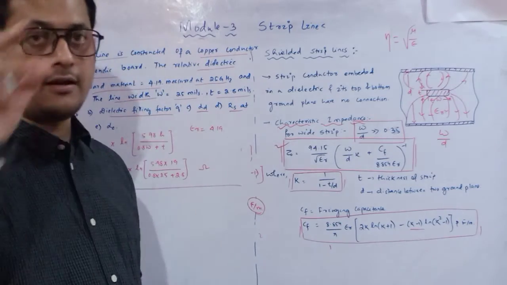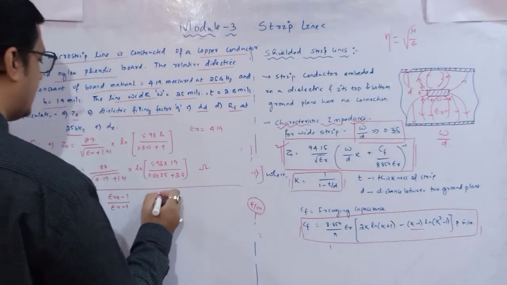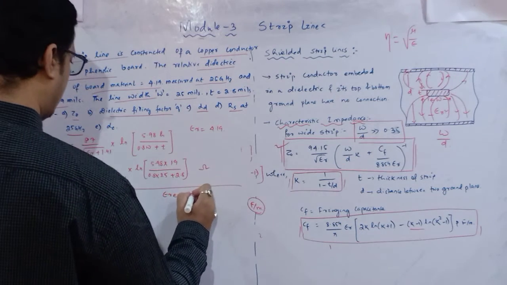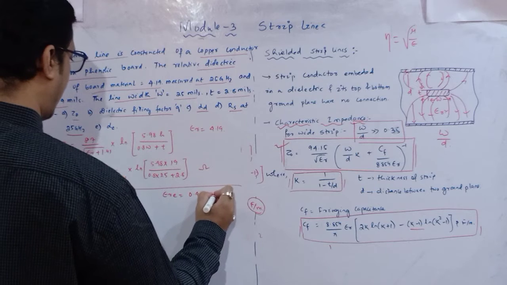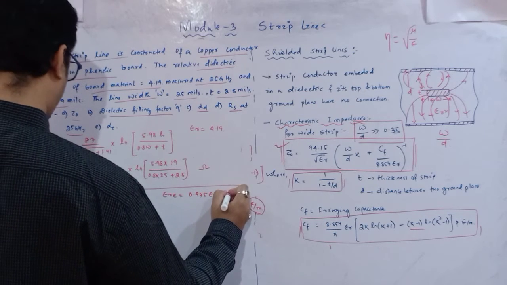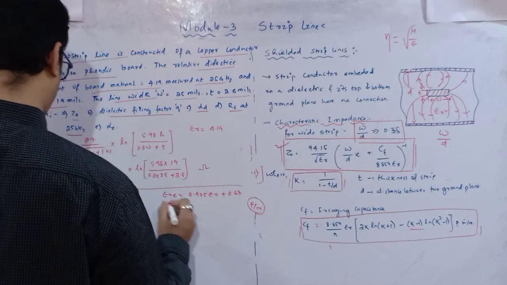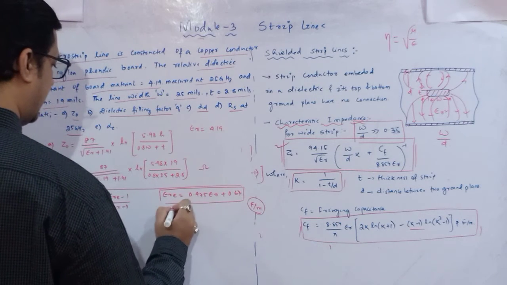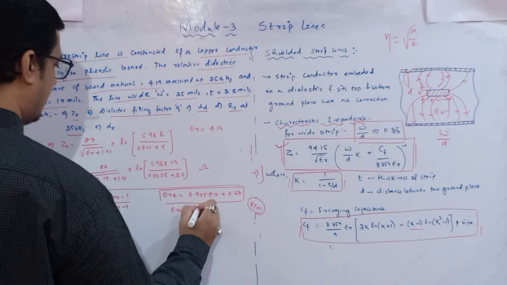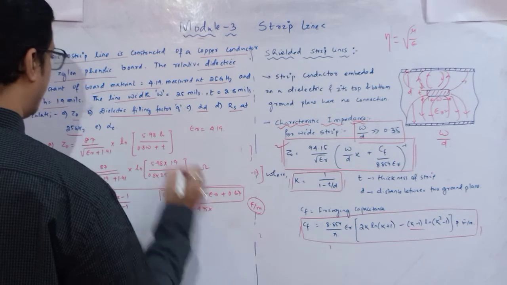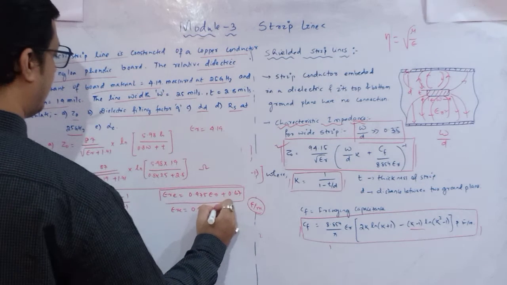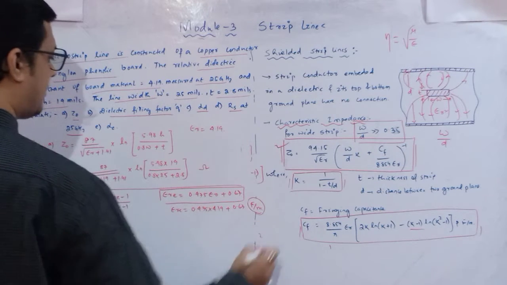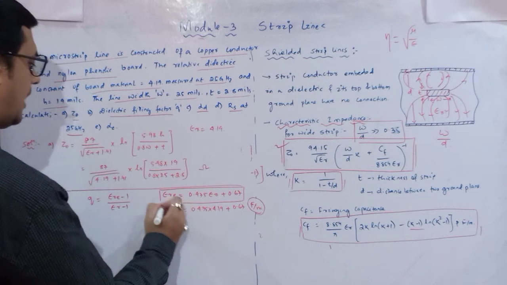We have seen the relation epsilon Re is equal to 0.475 times epsilon R plus 0.67. So remember this relation. Here epsilon R is 4.19. Solve it, you will get your epsilon Re.